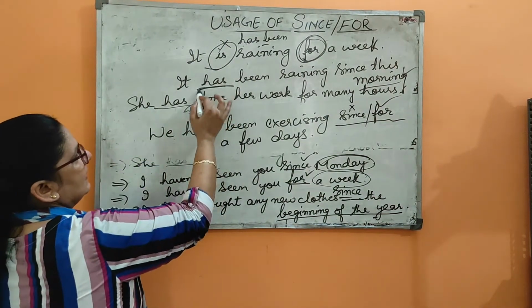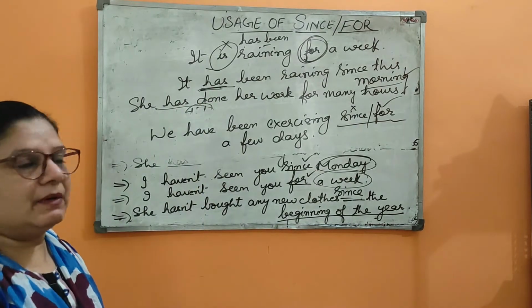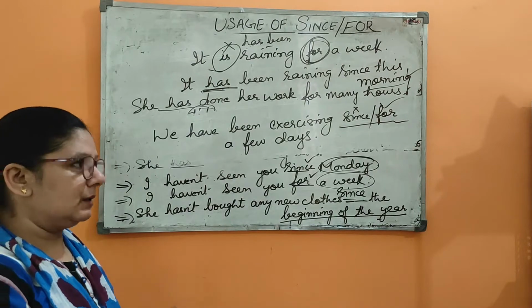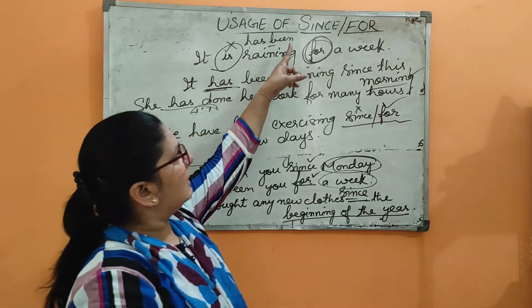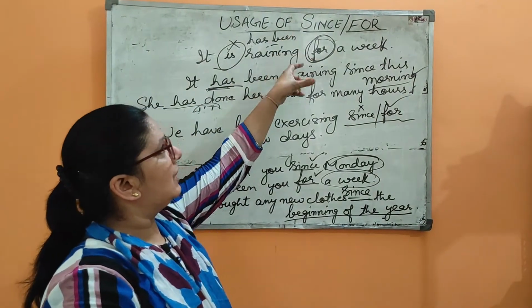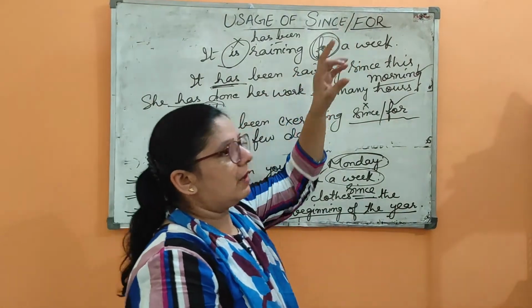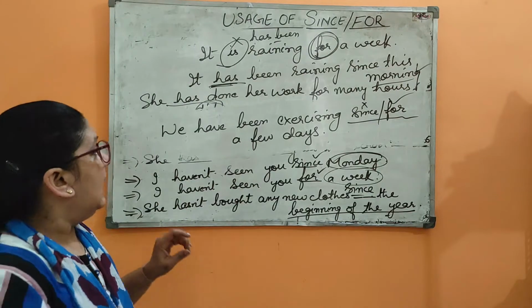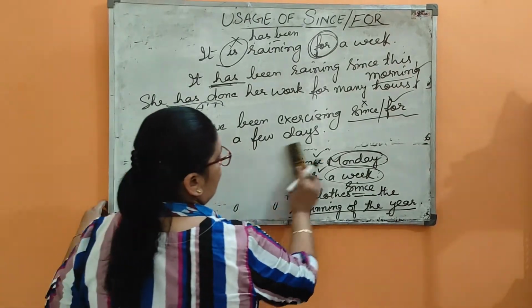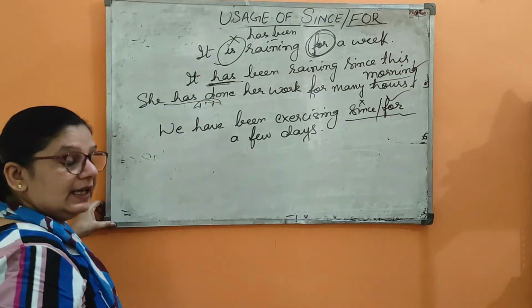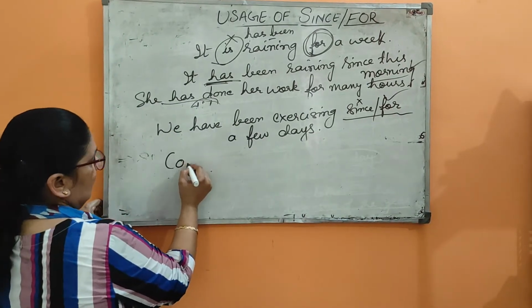So different things you learned while using since and for. First thing, the sentence should have perfect tense, perfective, using has and have. Then it may be continuous, it may not be continuous. Then since with a point of time when you want to mention a particular specific time, and for is used for a period of time. And since and for are not only used in these perfect tenses. I also told you that they are used as coordinators.